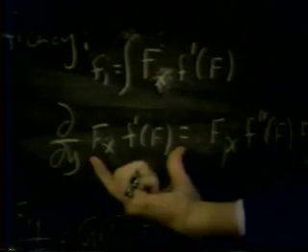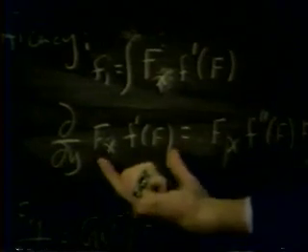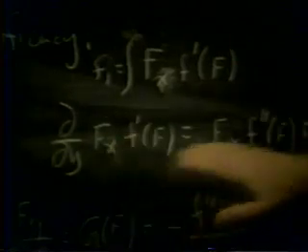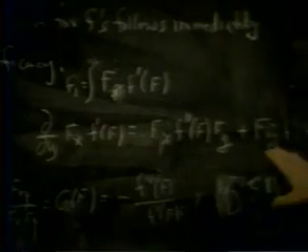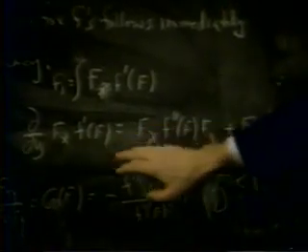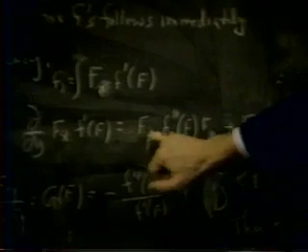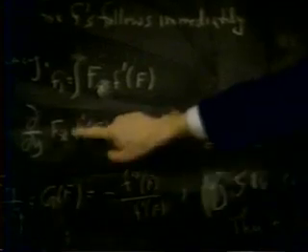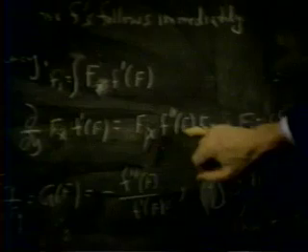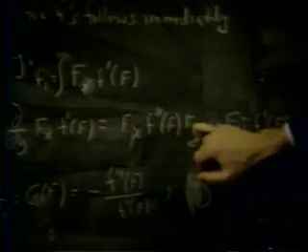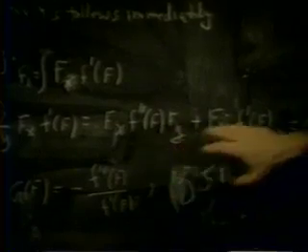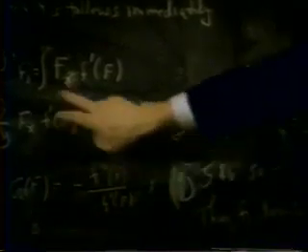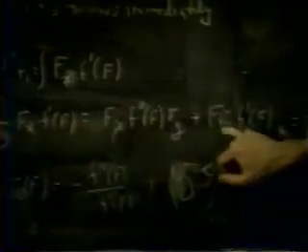So to show that it's a function of x only, I take the partial derivative with respect to y and establish that it is 0. The partial derivative of this with respect to y is f sub x, then taking the derivative of that, the second derivative evaluated at F times the partial of F with respect to y, plus then the other term, and the partial of f sub x with respect to y.